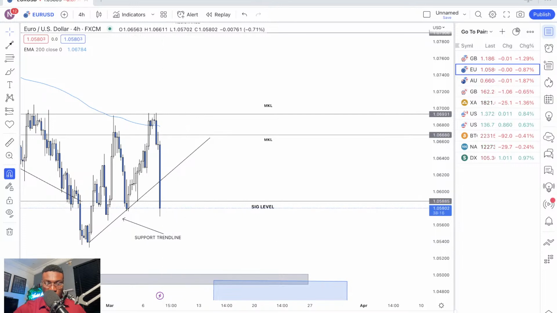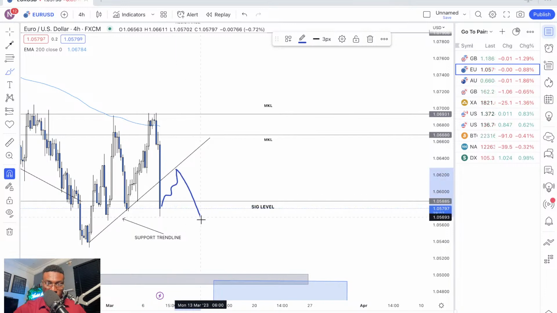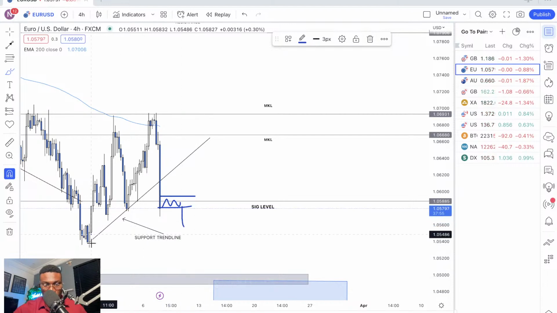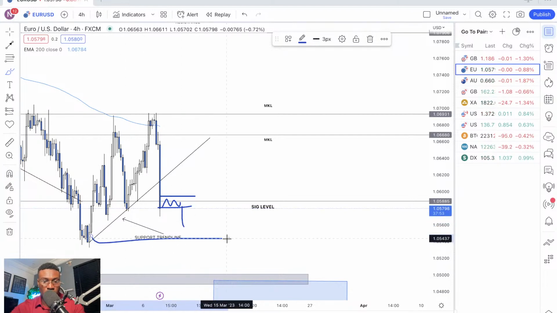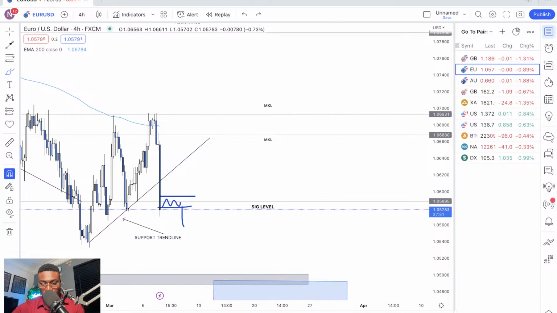You want to see if we can push back to this support trend line and push back down, or you see some consolidation at this point, and then you want to trade the breakout of that consolidation to the downside, and you can take your targets here. Let me just make this line very, very straight.